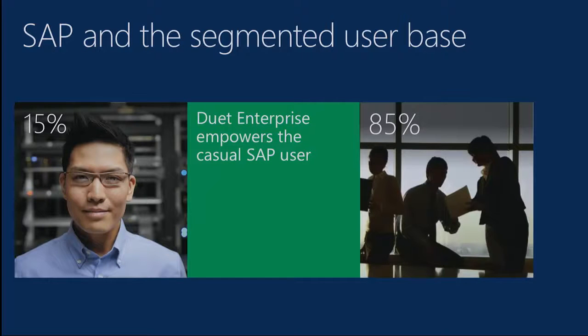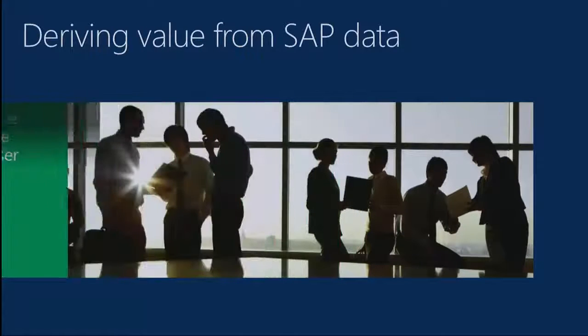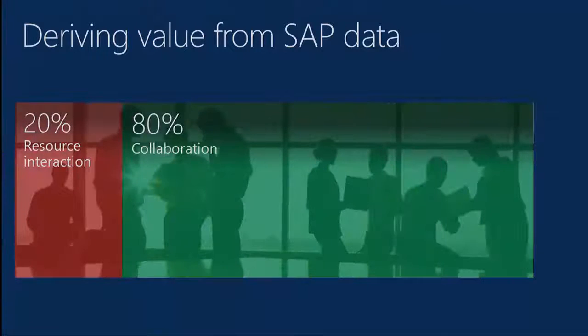But we have 85% of our organization that's like us. We're not power users, we're casual SAP users. We have to go in there every once in a while, all that kind of stuff. Well, what is the casual user doing? How are they deriving value from SAP? 20% of the time, they're actually going into the system and looking at transaction screens, logging in to SAP, doing work in SAP. 80% of the time, they're not.